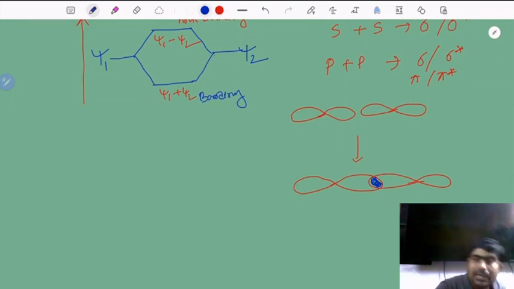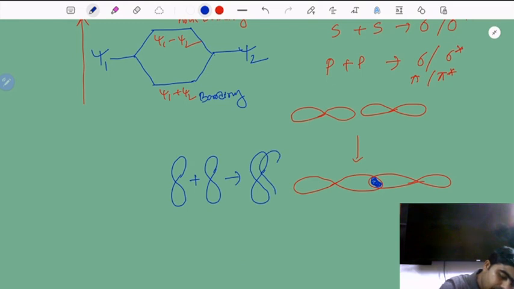That's why we call it sigma. Similarly, these two atomic orbitals can overlap side to side. Here the overlapping is side to side, and we can tell it is a pi bond. So p orbitals have the capacity to make both sigma as well as pi.